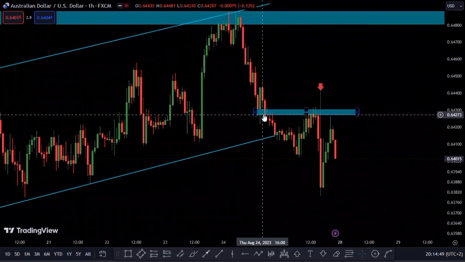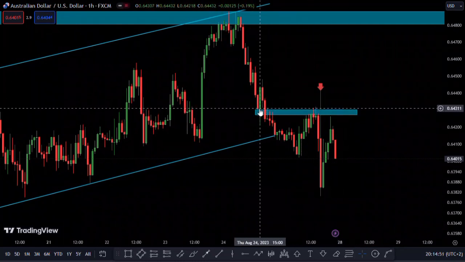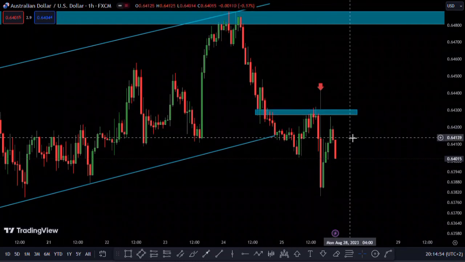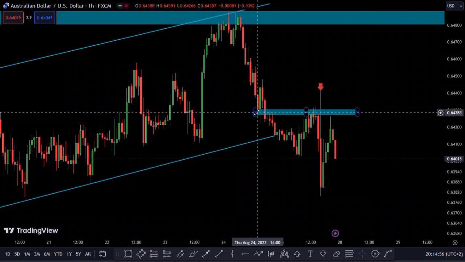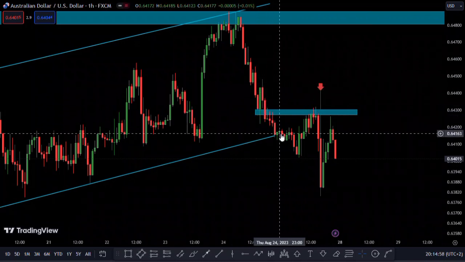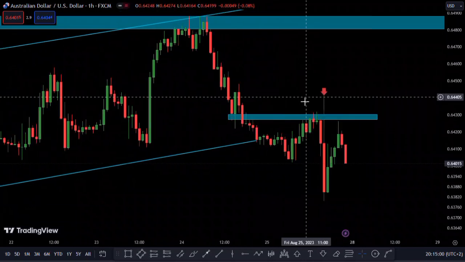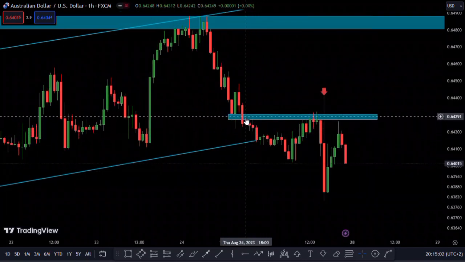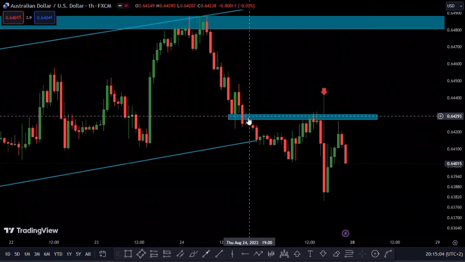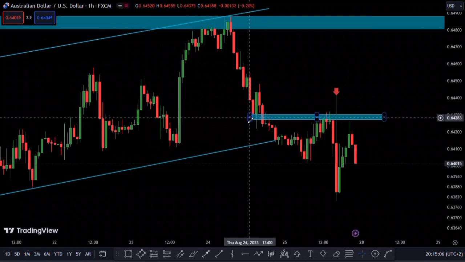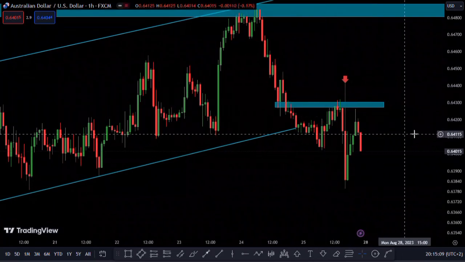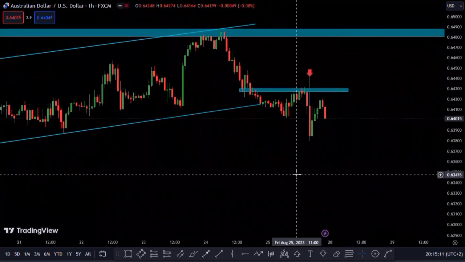So this clearly means that this zone is a sensitive zone. It was a support, the market went up and then it broke below. Again, if I go to a lower time frame, you will see that we also had a rejection at this point. So this level is clearly a sensitive area.